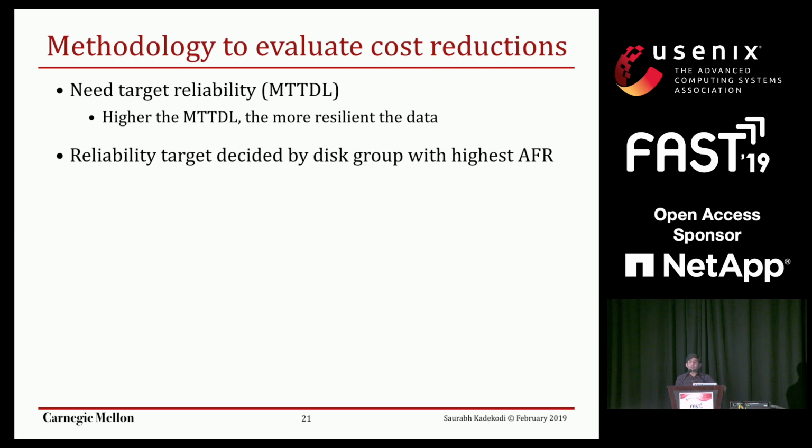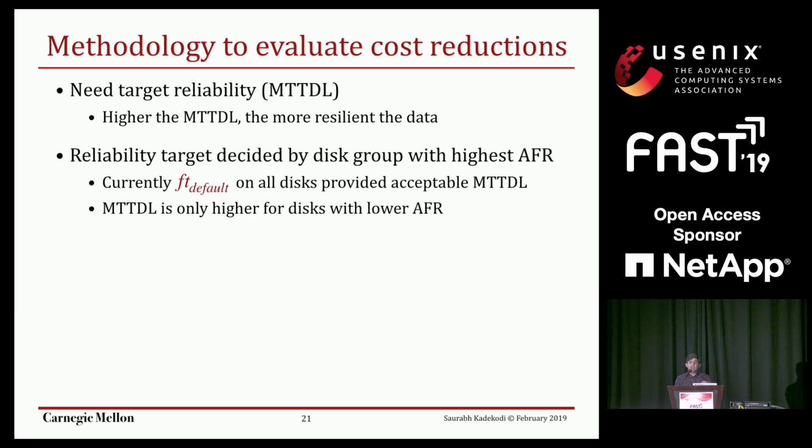The default fault tolerance scheme, when applied on the highest failing disk group, results in an MTTDL value. That is the lower bound on the tolerable MTTDL across the disk fleet. And we keep that as our target MTTDL.